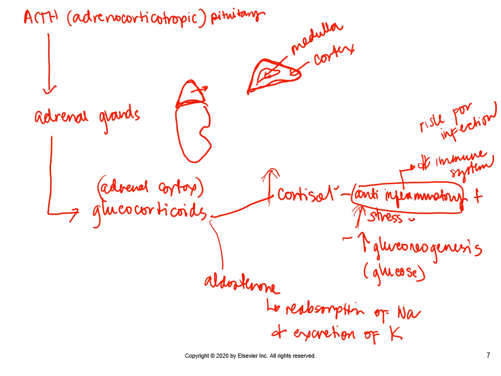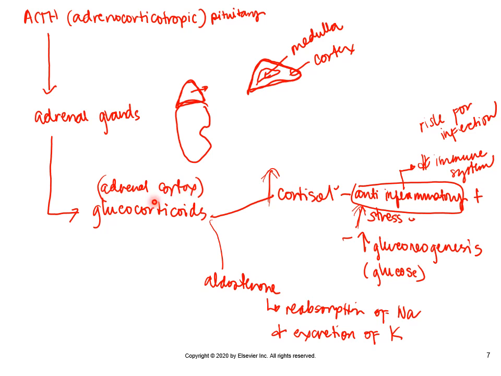All right, again, ACTH right here is coming from the pituitary gland, adrenocorticotropic hormone, and then from the adrenal glands, the outside part, which is your cortex, right?